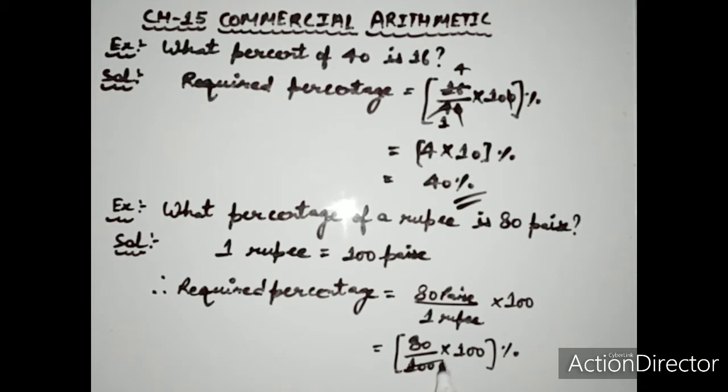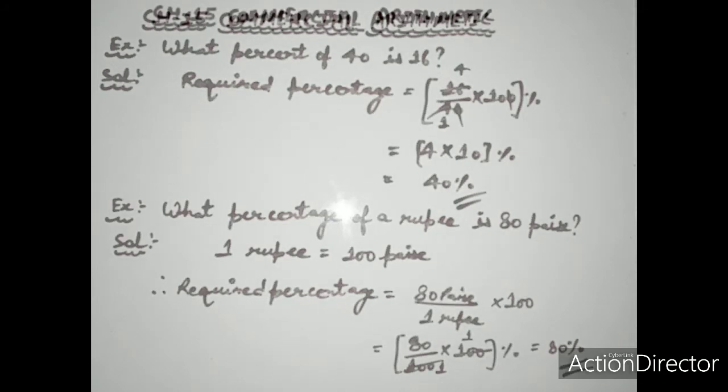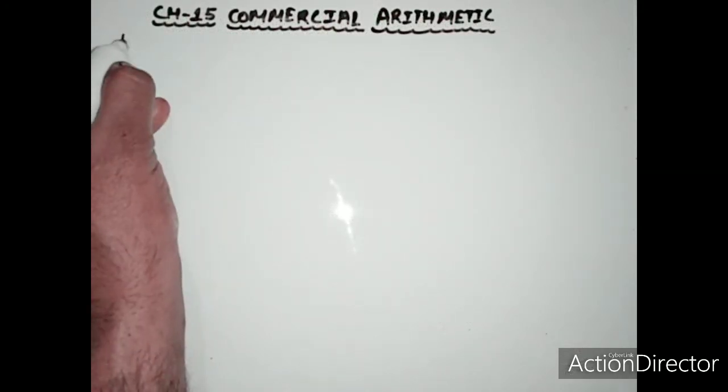So here 100 ones are 100 and 100 ones are 100, and we also cancel out zeros. So here we get 80%. So 80% of a rupee is 80 paise. Now the next example.